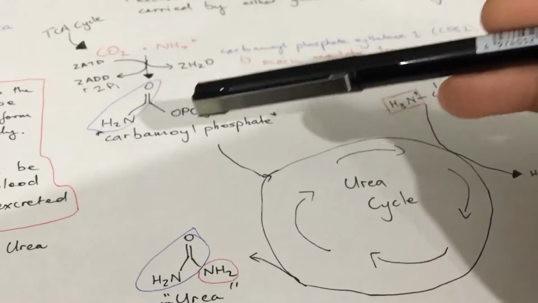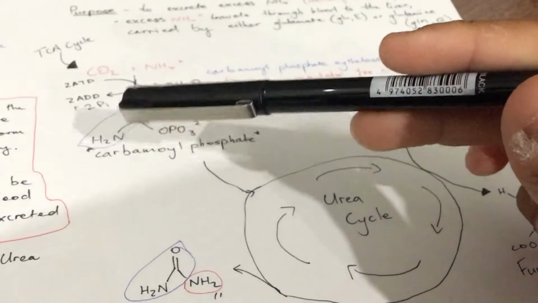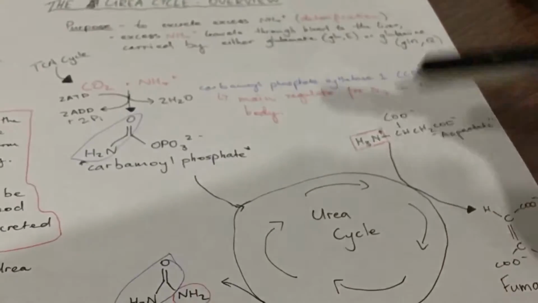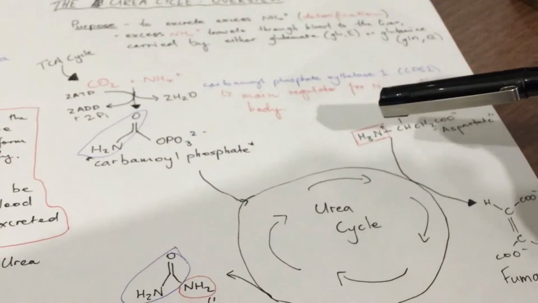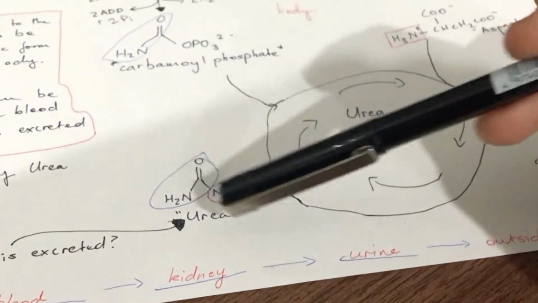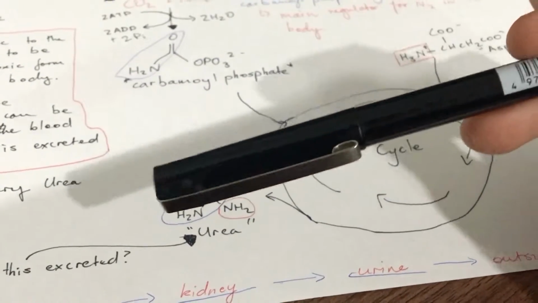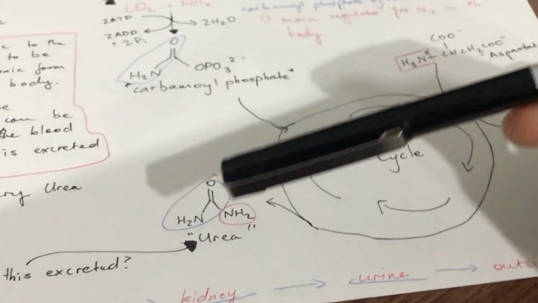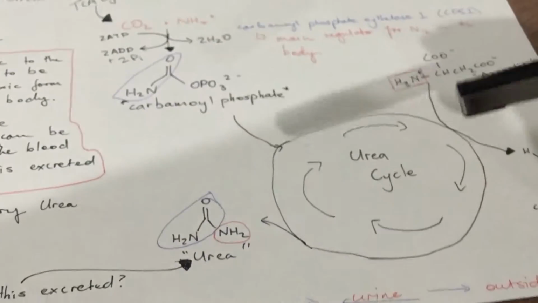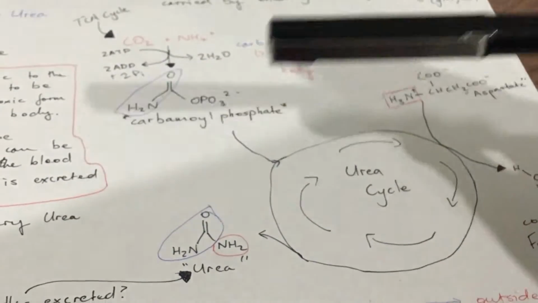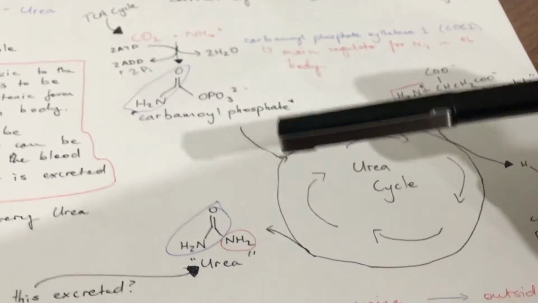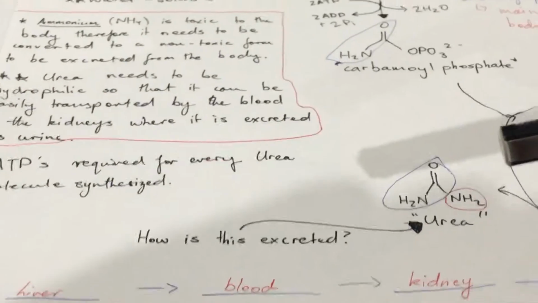So you can think of it as this urea is part of the carbamyl phosphate plus part of the aspartate molecule coming together. And this is good for our bodies because we can get rid of it, we can excrete it, it's harmless, it's non-toxic, water-soluble, and transports itself through the blood from the liver to the kidneys, where it can be excreted. So, we ask, how is this excreted?